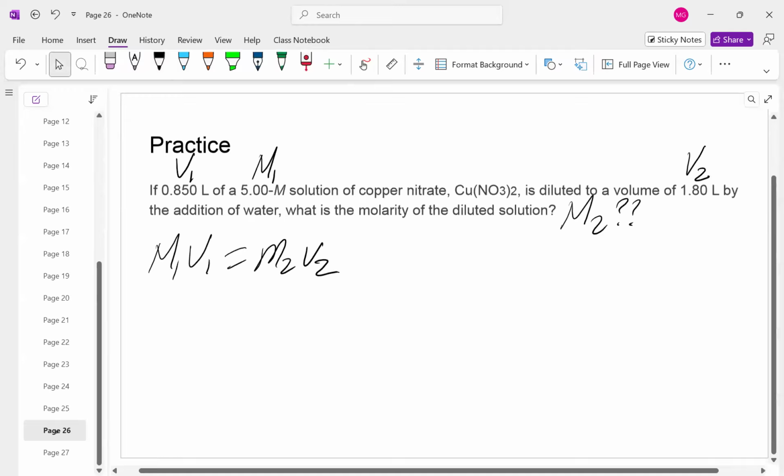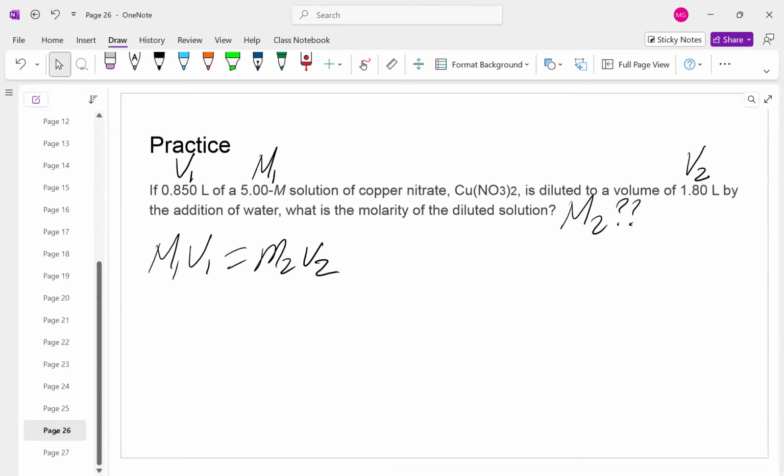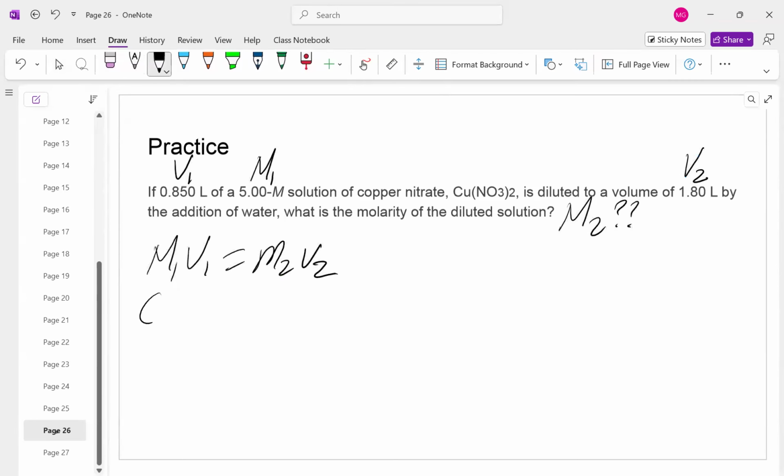All right, what I'm going to do is take a close look and make sure that all my units match up. So my units of volume are the same, they're liters, and it's okay that concentration is in molarity. So plug everything in. M1 is 5 molar, V1 is 0.850 liters, M2 is what I'm going to find, and V2 is 1.80 liters.